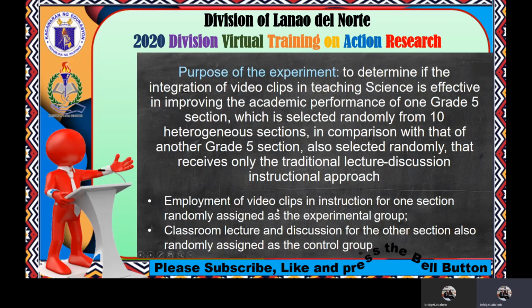Employment of video clips in instruction for one section randomly assigned as the experimental group, and classroom lecture and discussion for the other section also randomly assigned as the control group.